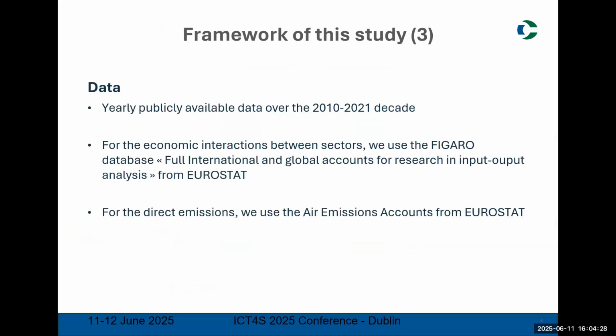So now let me conclude this introduction by presenting you the data we use. We investigate the time period from 2010 to 2021 using the FIGARO data set updated every year by Eurostat and the corresponding sectoral direct emission vector also provided by Eurostat.